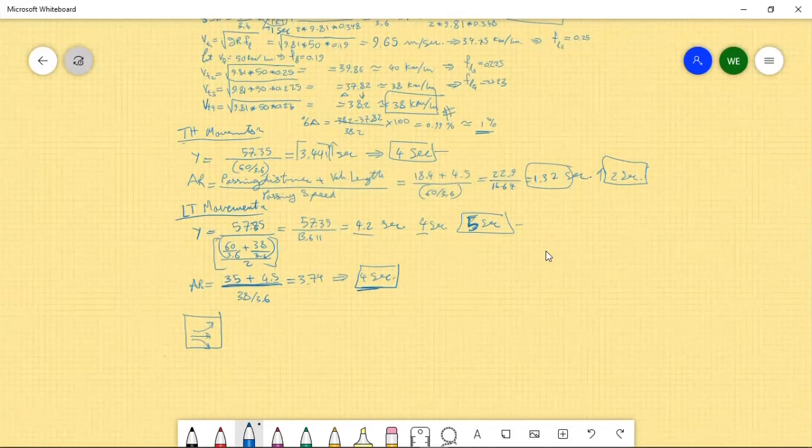You are going to take the yellow time of 5 seconds and the all red time of 4 seconds, or 3 seconds.